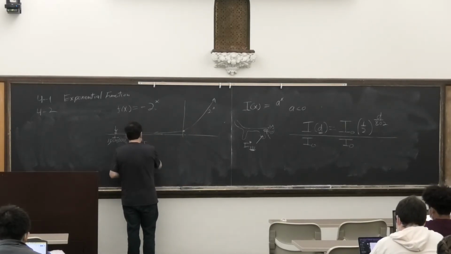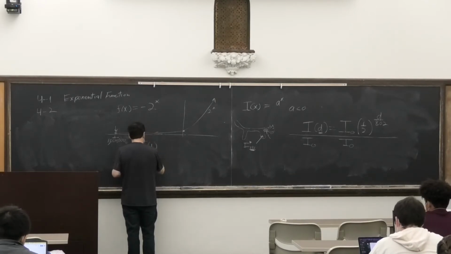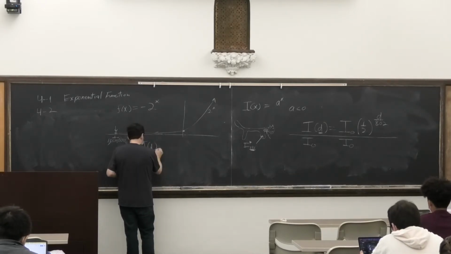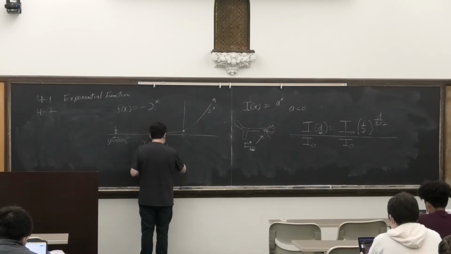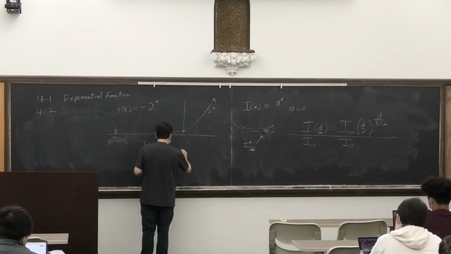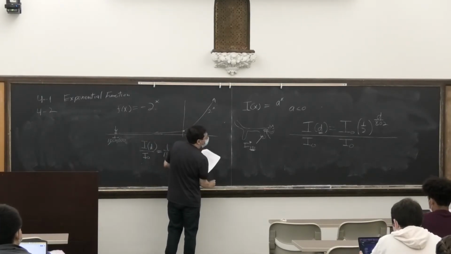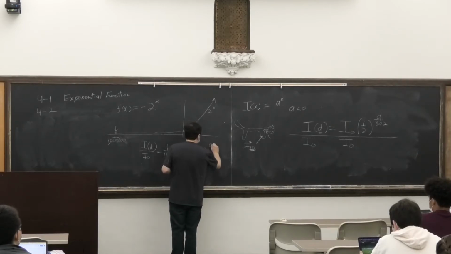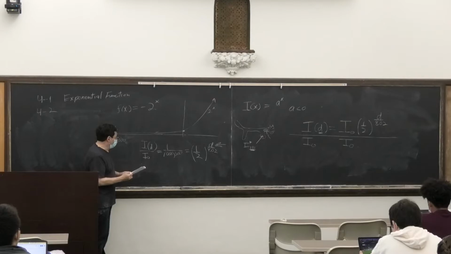So I of d over I0 is the starting amount, so this is the ratio. I want that to be 1 over a million. And that's 1/2 to the d over 8.02. Really what I want to know is the number of days. All right, so how do I figure that out?